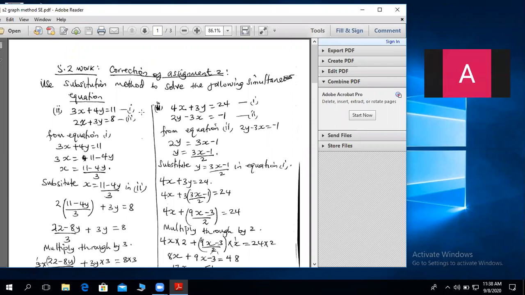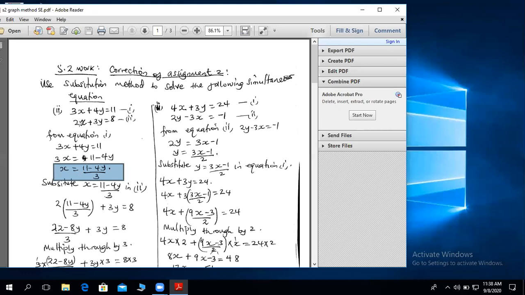Now, I used equation 1 to make x the subject, so when substituting, I'm supposed to substitute in equation 2. What is equation 2? Equation 2 is 2x plus 3y, which is equal to 8.